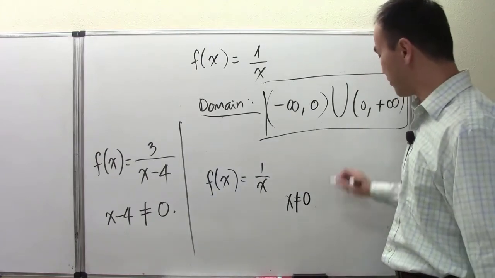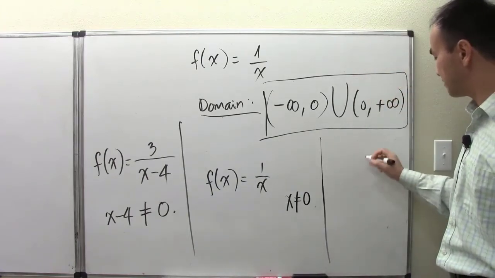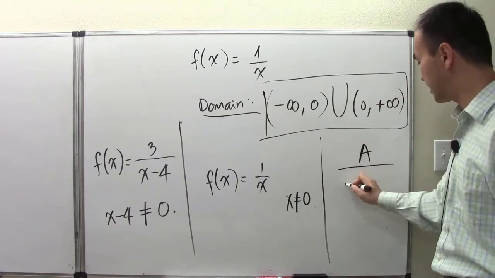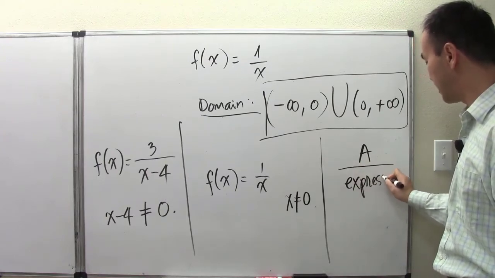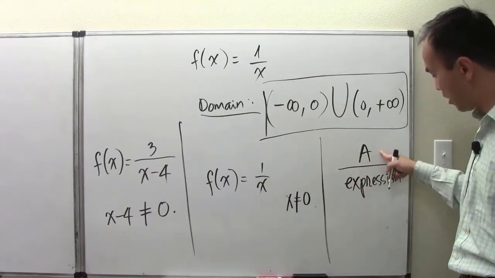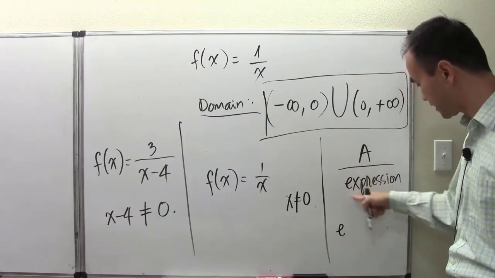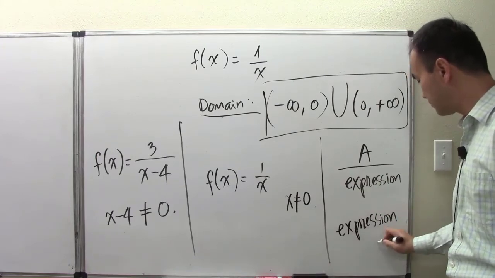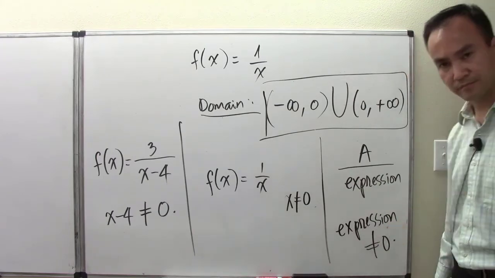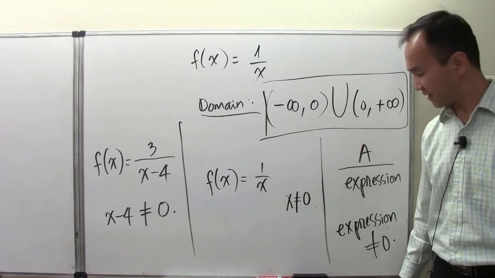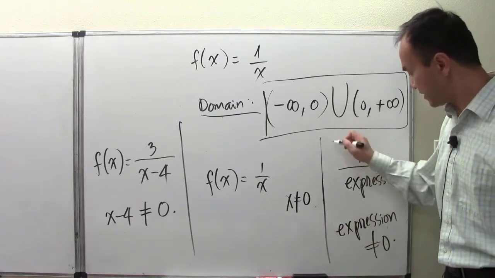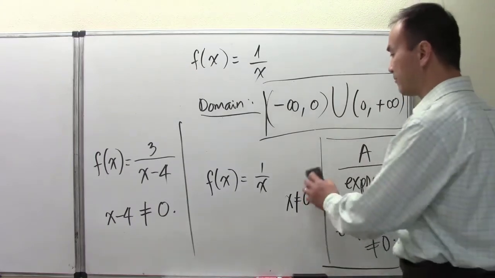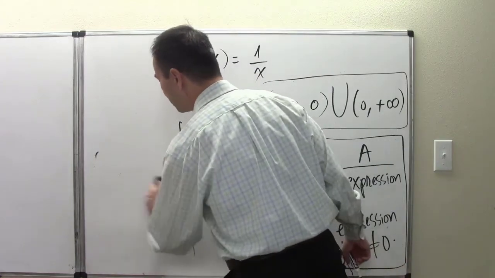Or even more generally, anytime we have a over some expression, a rational expression like that, the expression stays in the denominator, so we need the entire expression to be non-zero. After nailing down this generality, let's set it into some examples, and we will dive in a little more.